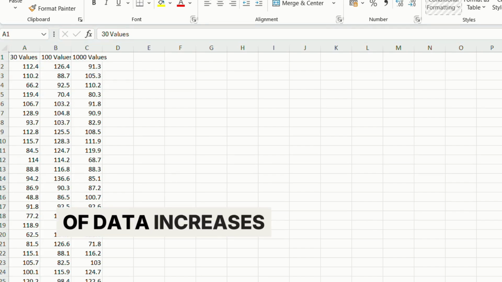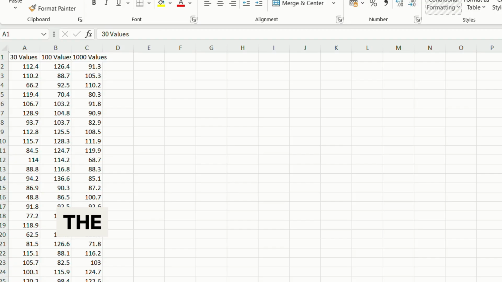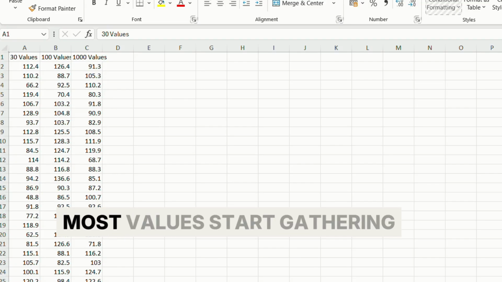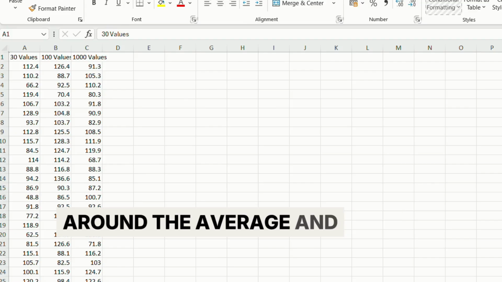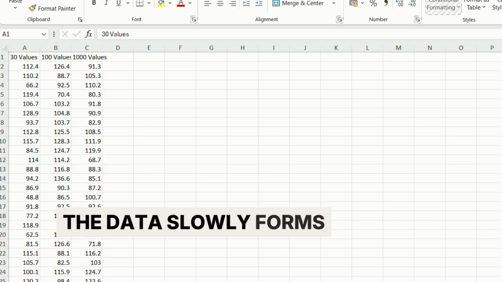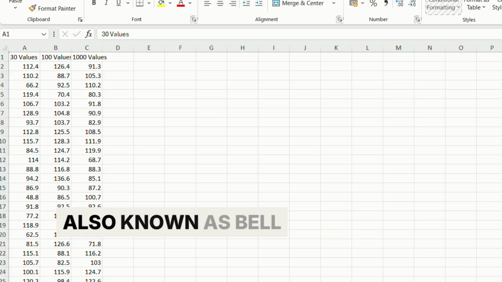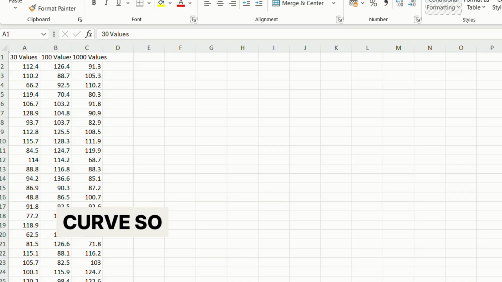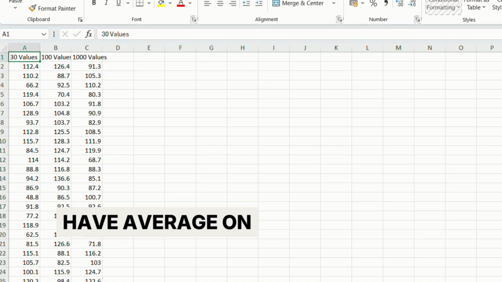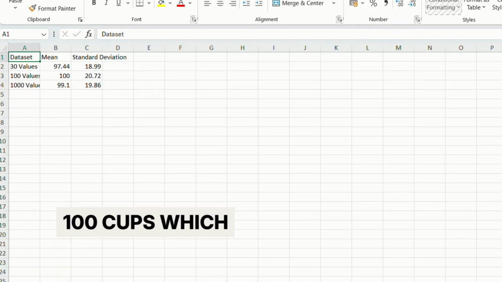As the amount of data increases, the random ups and downs begin to smooth out, and most values start gathering around the average. The data slowly forms a shape called a normal distribution, also known as a bell curve. So let's say the average coffee sales are 100 cups.